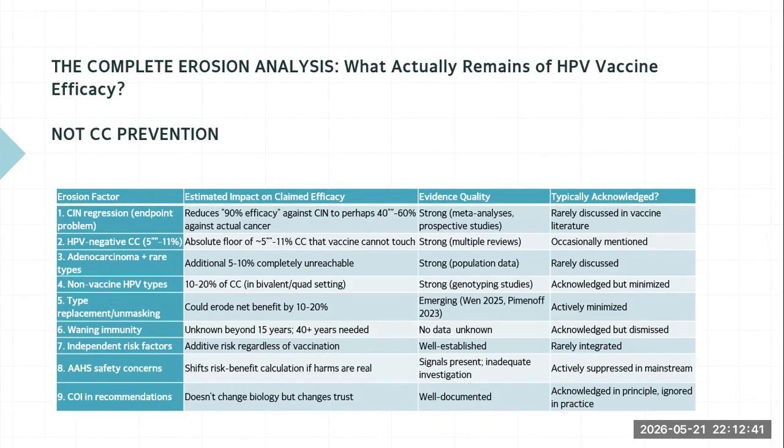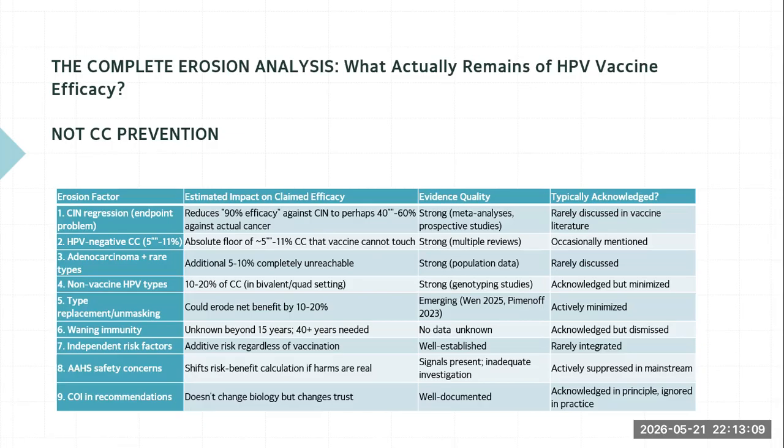So these are the 9 factors which I have enumerated here, which have not been recognized in the HPV vaccination trials. One is CIN regression, HPV negative cancer, cervical cancer, adenocarcinoma, non-vaccine HPV types. Means the nonavalent vaccine is covering only 7, and the quadrivalent is covering only 2. Remaining 12 are still present.